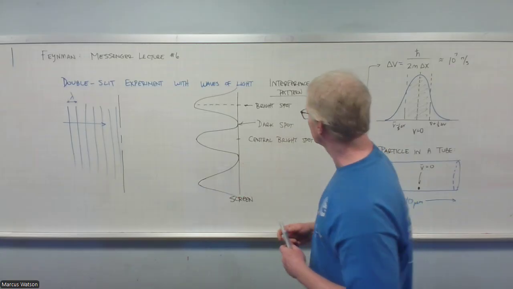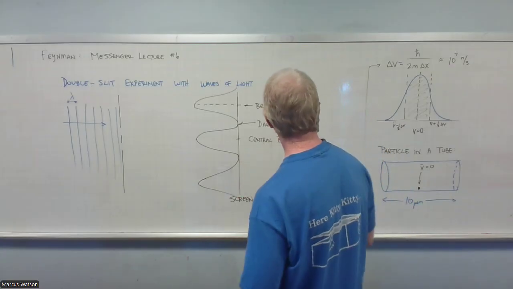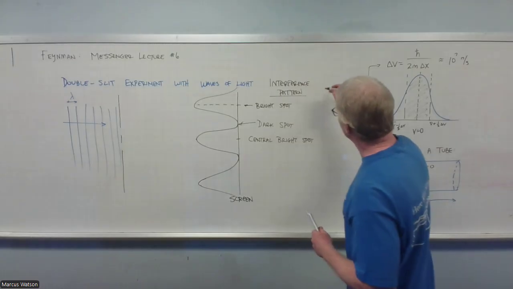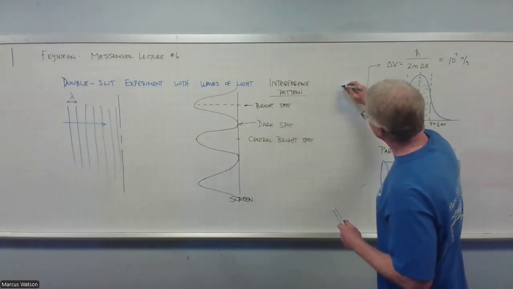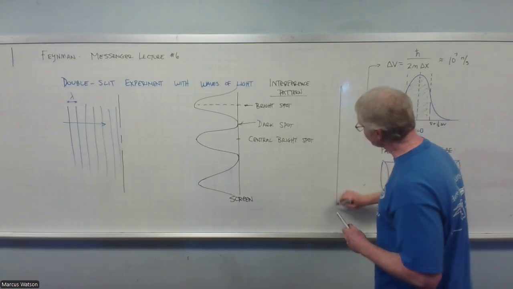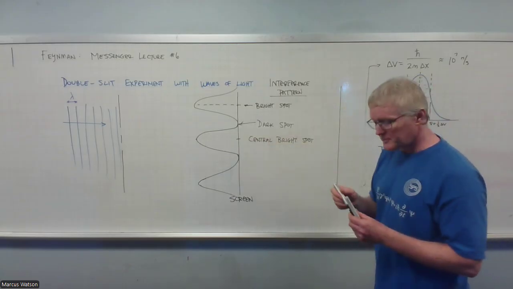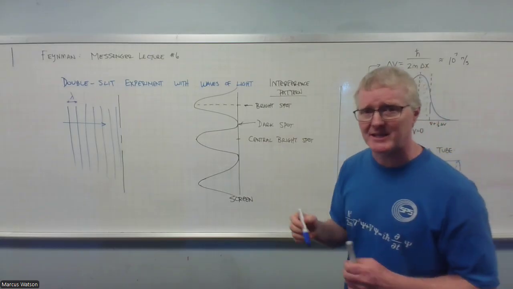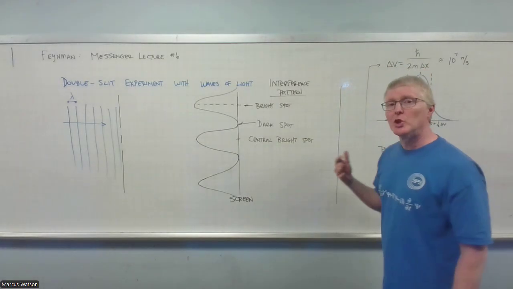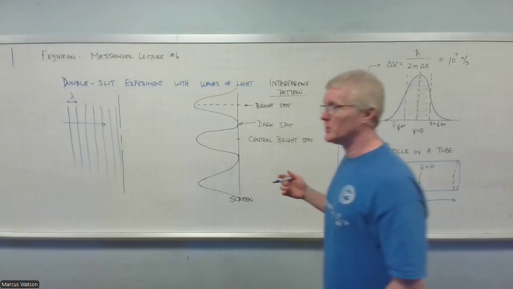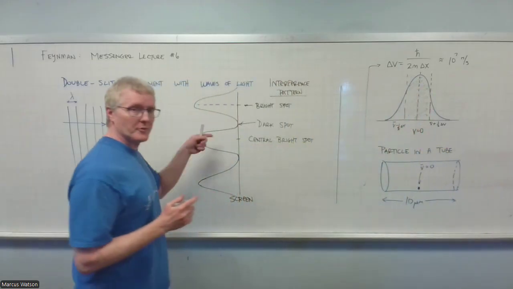What you would see on the screen, let's see if I can do that maybe right here. Here's the screen, okay? I'm going to draw it again, same thing, but now I'm going to put a bunch of dots in here to show you what the screen might look like from this perspective.